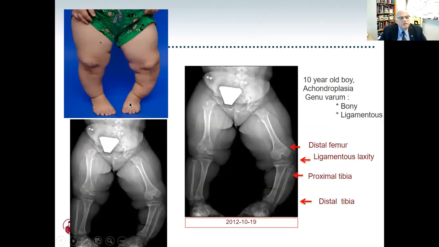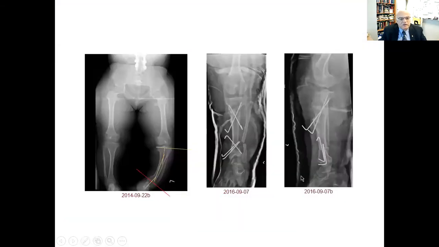However, this is another patient with achondroplasia and bilateral genu varum. You can see here the deformity. That's the X-ray we have seen before. This comes from a combination of bony deformity and ligamentous laxity. This can be corrected in several ways. We can correct this acutely by performing 2 osteotomies.